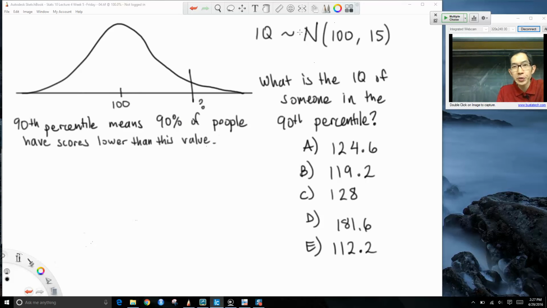Okay, and so the way our diagram looks is that we have colored in 90% over here, and we want to know what is the value that goes right here. So we're first going to start by looking for, in our table, the value closest to 90%.